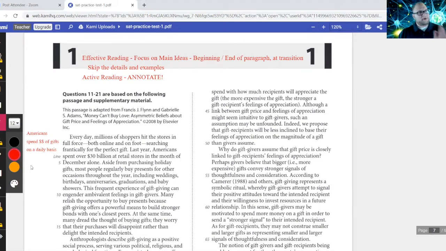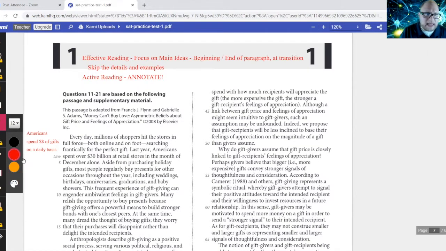Now, this brings up the second aspect about effective reading, in that sometimes the vocabulary might not be strong in your area, but that's why we can actually use the details in order to infer what the new main idea is.